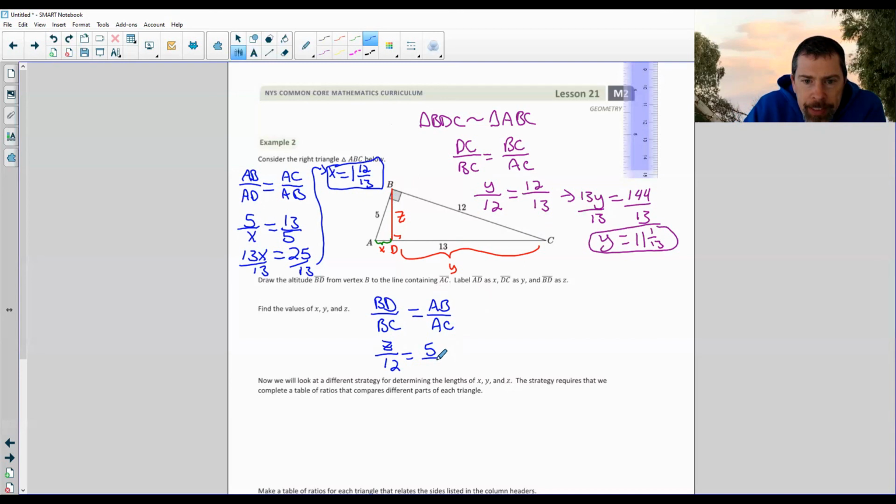And AC is 13. So when I cross multiply, I get 13 times Z equals 12 times 5. Divide both sides by 13, and Z equals 60 divided by 13.